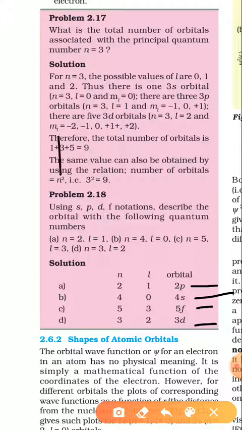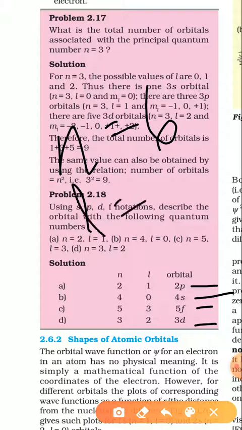If we consider another one, suppose for example n equals 6 and l equals 3.